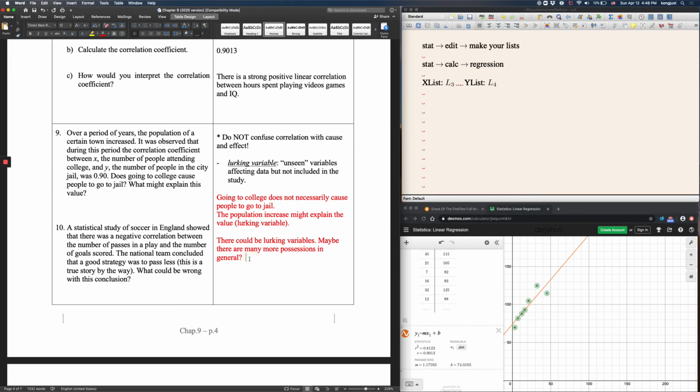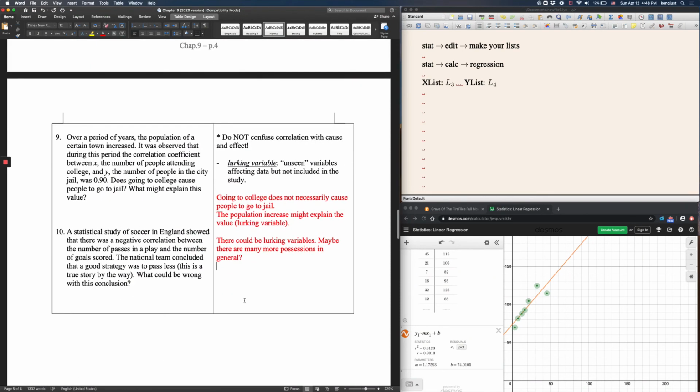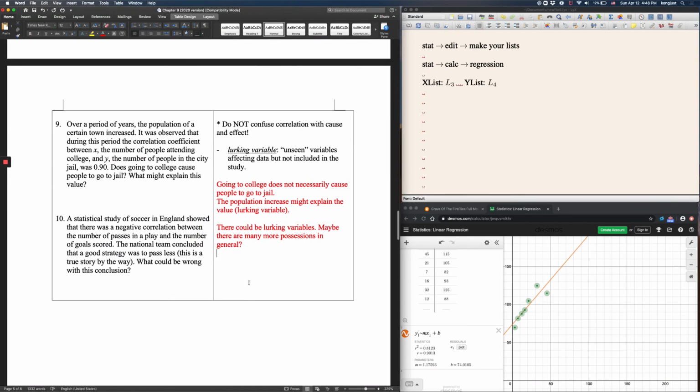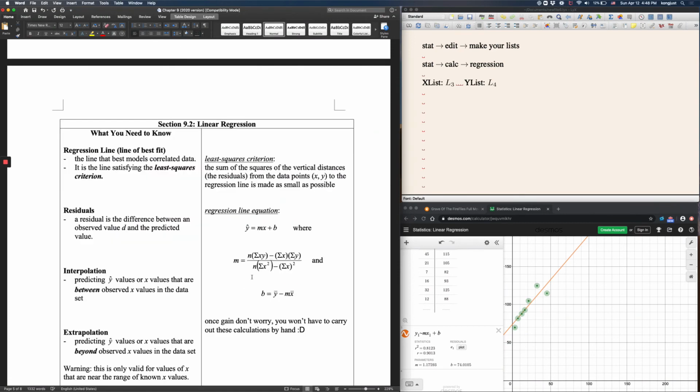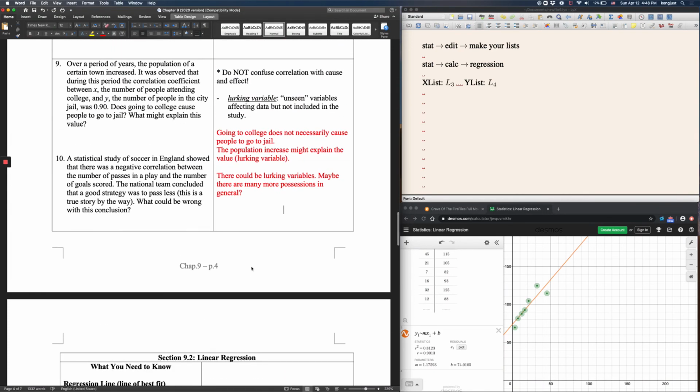But it turned out actually, in this particular case, in this actual story, sorry, the thing just keeps going back and forth. It turned out that longer possessions with more passes led to more goals.